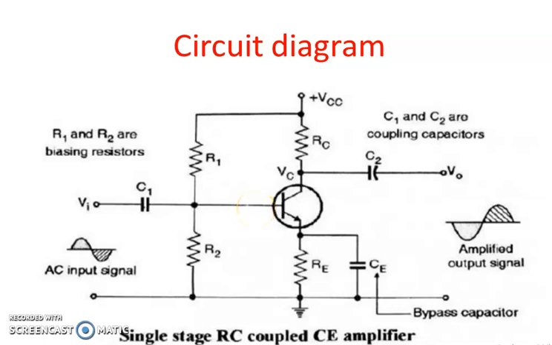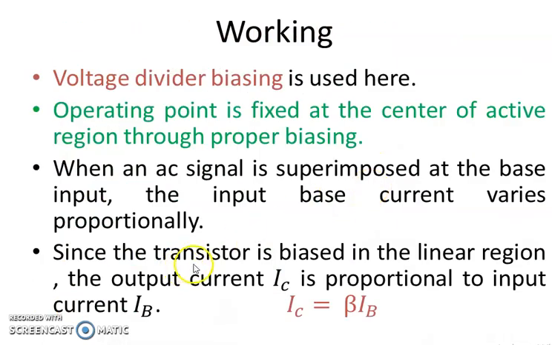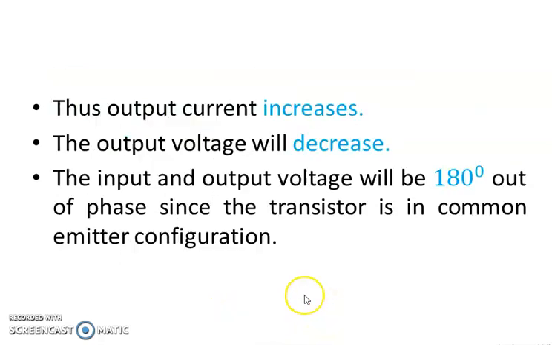The output current will be an amplified current proportional to the input current. Since the transistor is operating in the linear region, IC is beta times IB, so we will get an amplified output current.